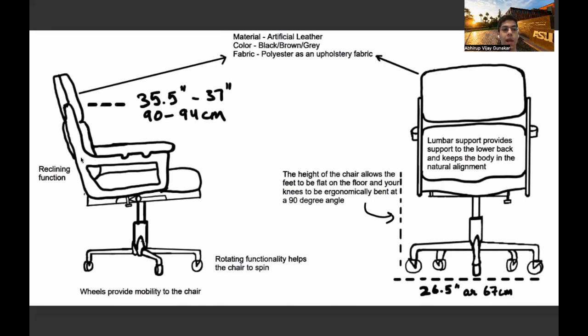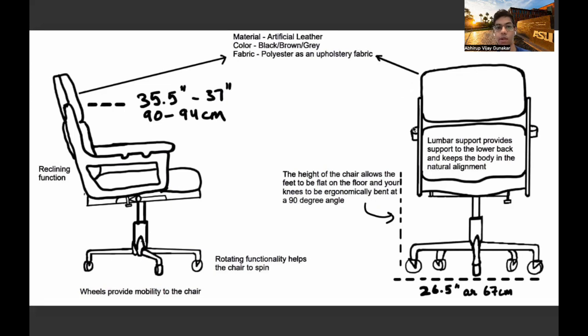But one of the things which I wanted to add was a good lumbar support, which provides support to the lower back and keeps the body in natural alignment, because sometimes when people don't get good lumbar support, they suffer from conditions like lordosis which hurt their back.